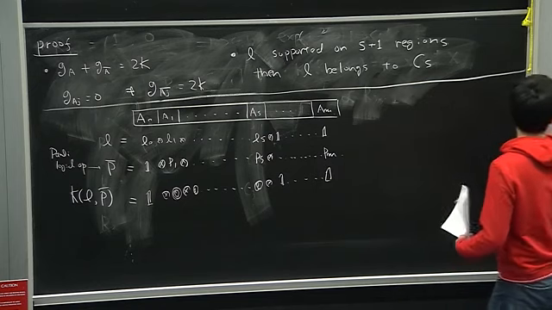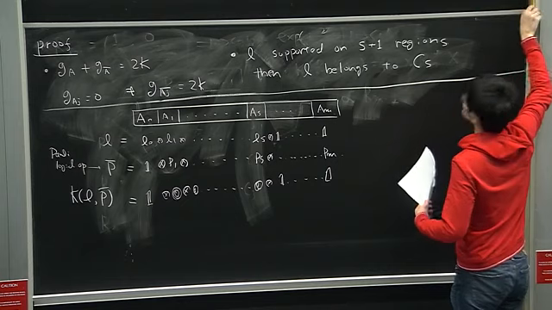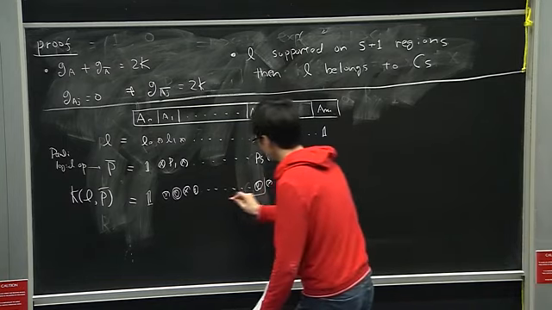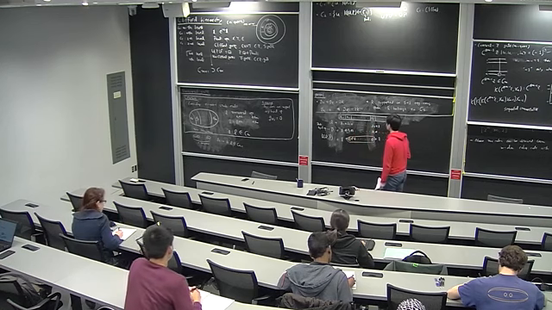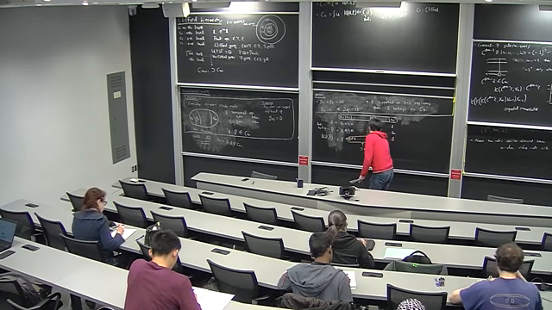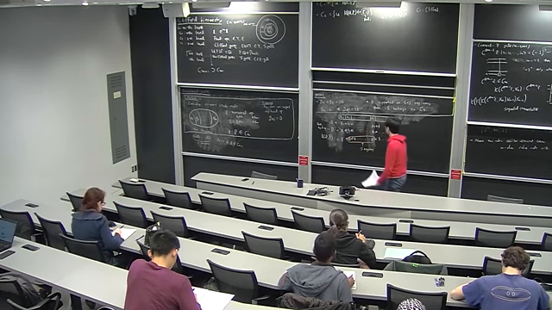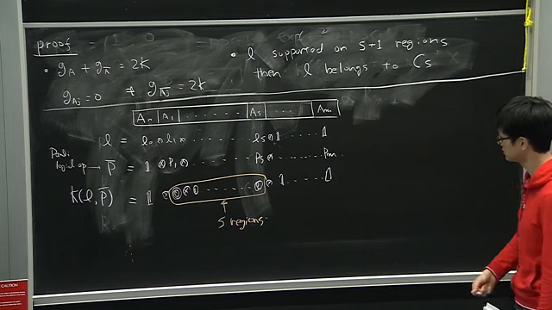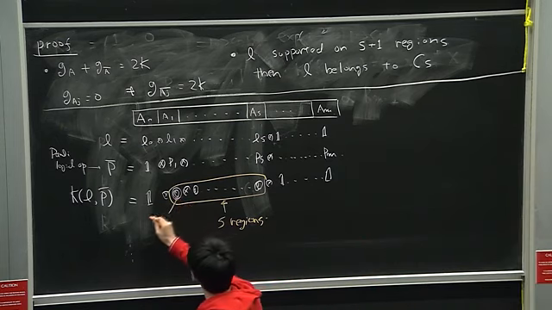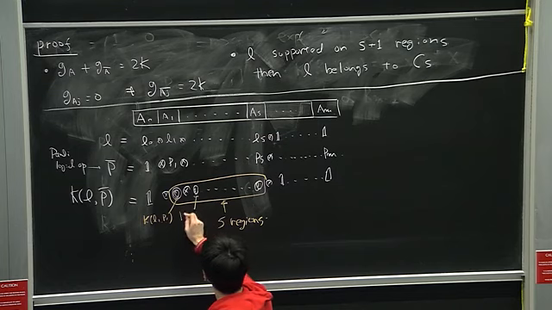So now the point here is that this commutator is defined on S regions. And it has a transversal form. So each part is the commutator of L1 and P1, this is the commutator of L2 and P2, and so on.